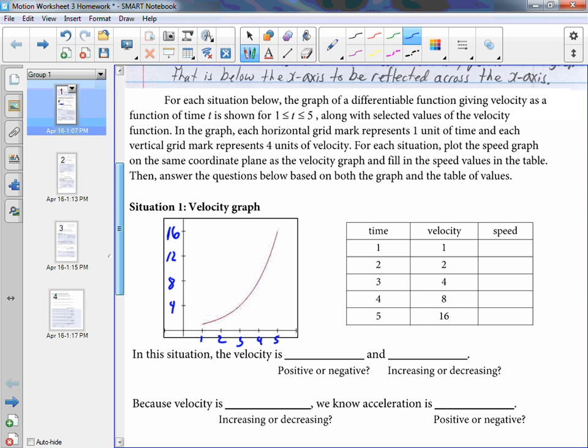Doesn't that mean that the speed is the same as the velocity? The velocity is always non-negative, so it's equal to the speed. So this velocity graph is also the speed graph.